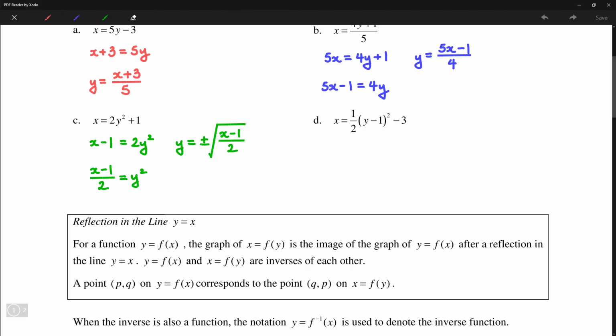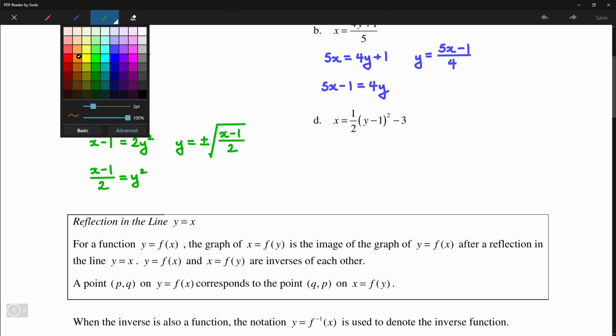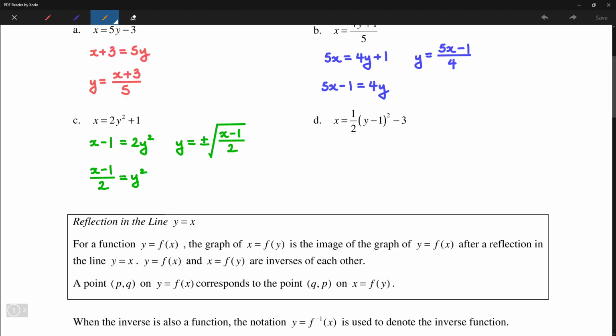All right, moving on. Example D. We'll add 3 to both sides first. So x plus 3 is equal to 1 half y minus 1 all squared. Multiply both sides by 2, so this could be written as 2x plus 6 is equal to y minus 1 squared.